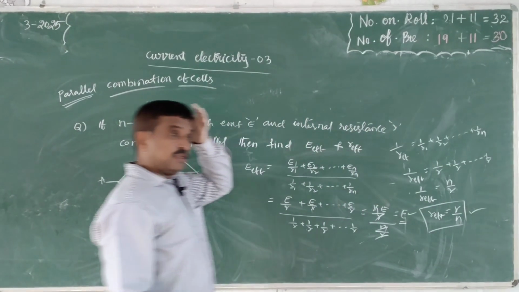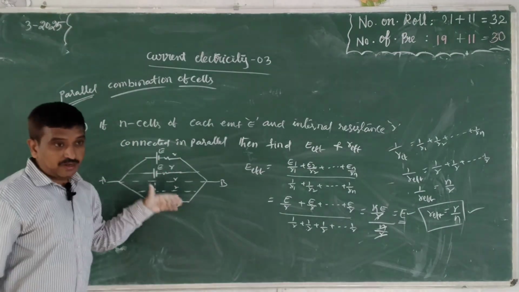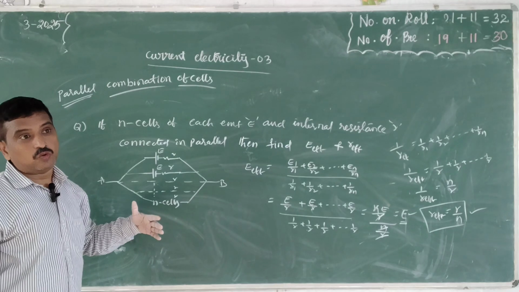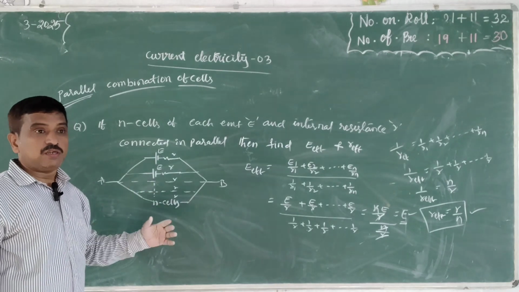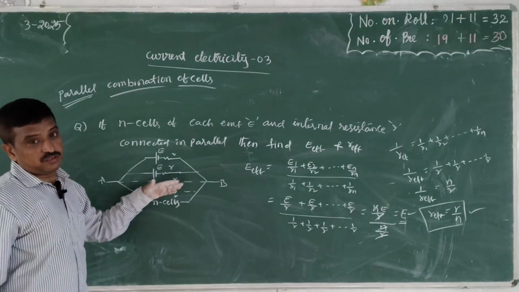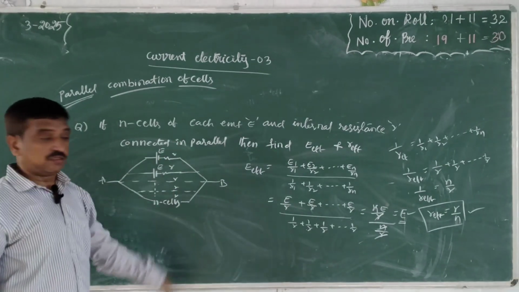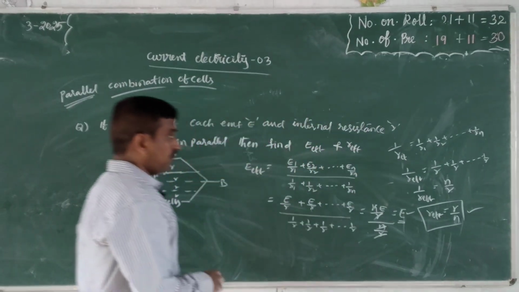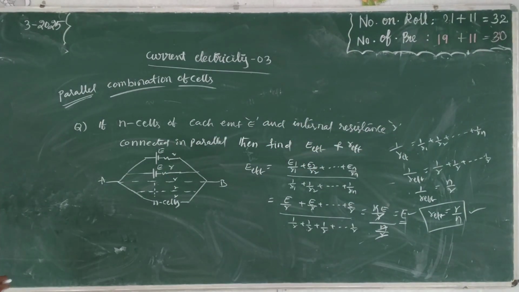When resistors of the same magnitude are connected in parallel, the effective resistance is the magnitude divided by the number of resistors. N resistors, so R by N is the net internal resistance.